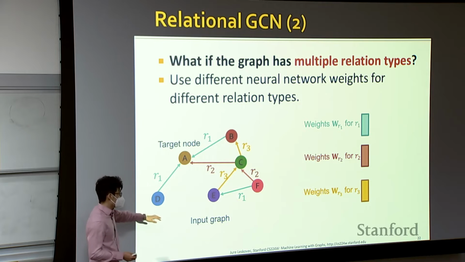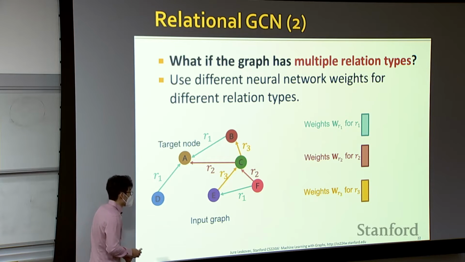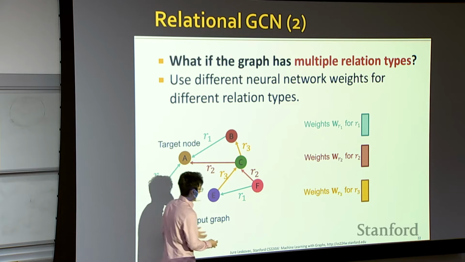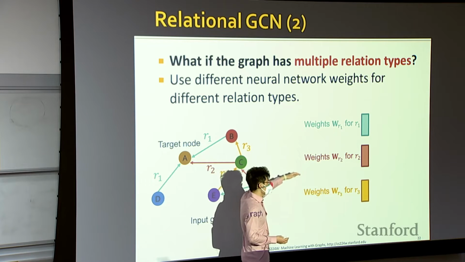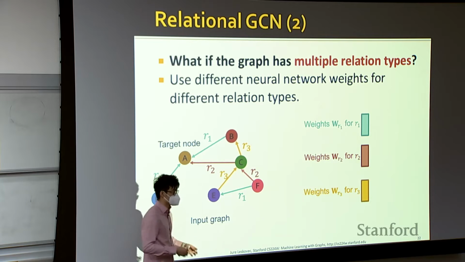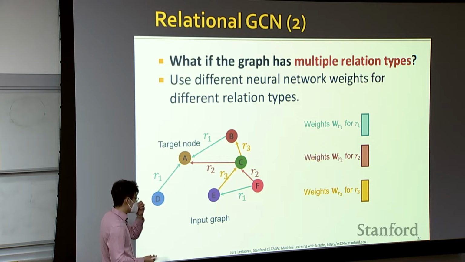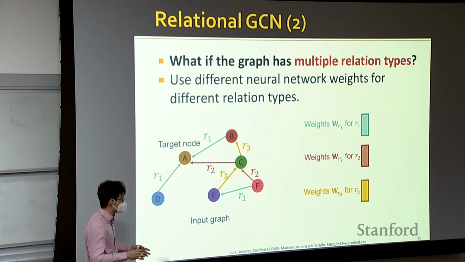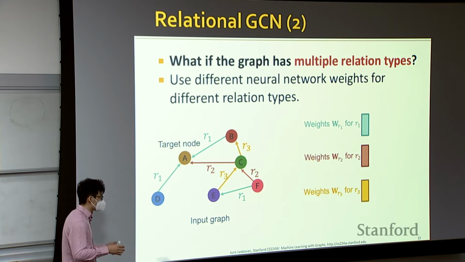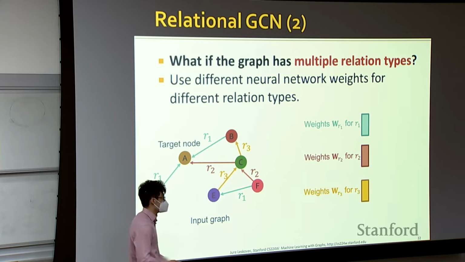For example, we have these 3 types of relations in this input heterogeneous graph, and based on what we have seen, we'll define 3 different weight matrices. Each weight matrix corresponds to one particular relation type, and we want to use these different weights to capture the different types of interactions in a network. So this is our idea and motivation for learning from heterogeneous graphs.